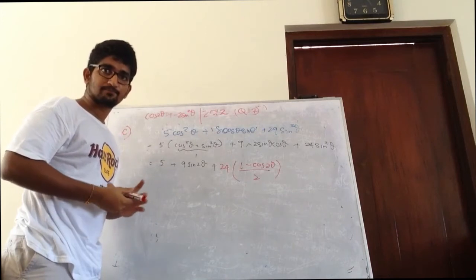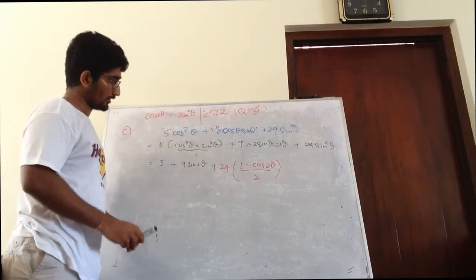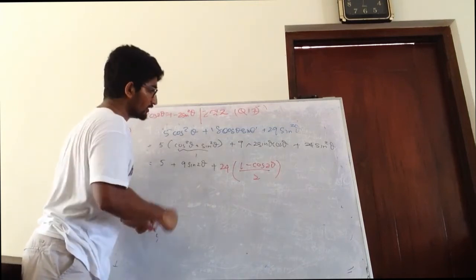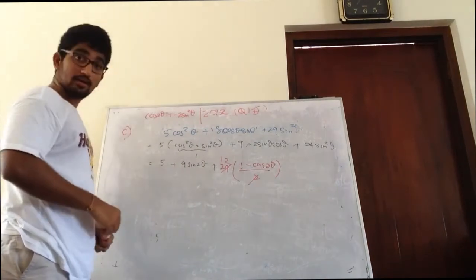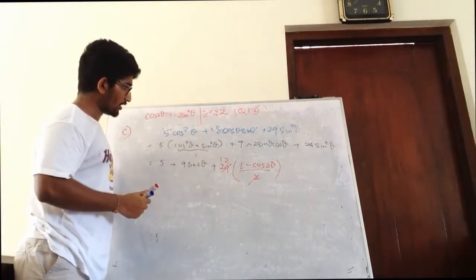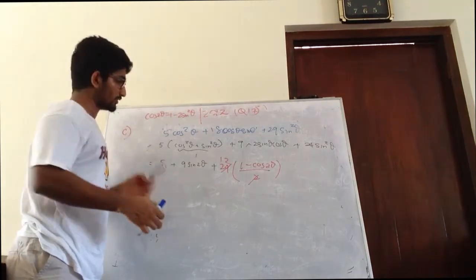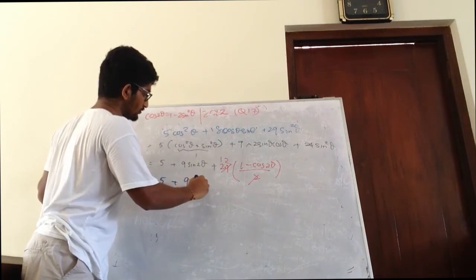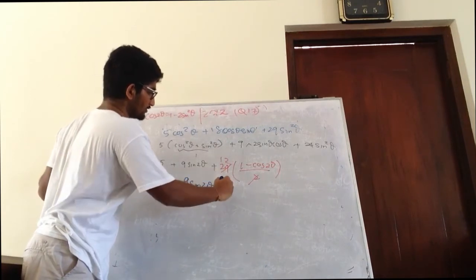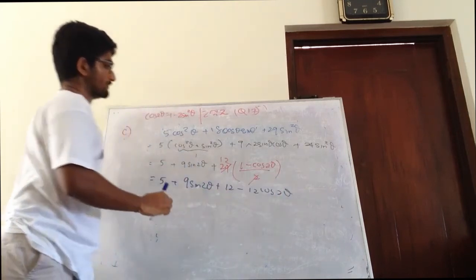So I basically use this, and now I can cut these off. I'm going to simplify this. That means 5 plus 9 sin 2 theta plus 12 minus 12 cos 2 theta.